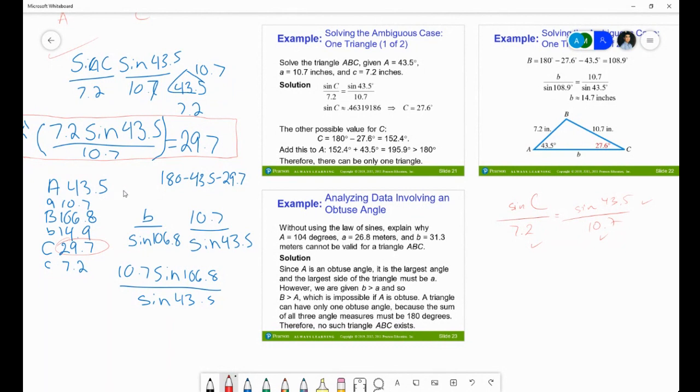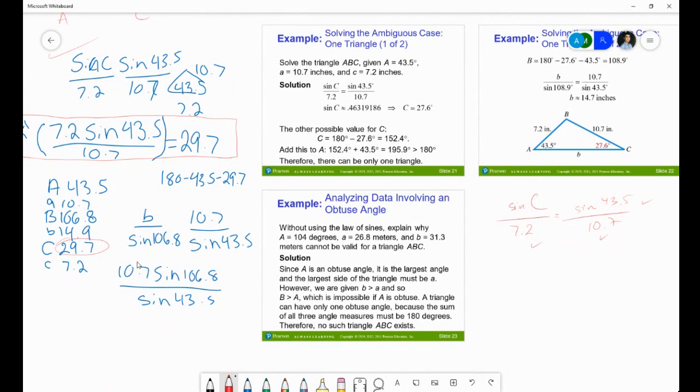Anytime you do a problem like this, make sure you write down all your steps, so that if you get something wrong and then go to the next part, it's still going to be wrong because you're using values that you just found. So if you miss one decimal somewhere, or you round somewhere wrong, it's going to mess up the entire problem. So you have to be very, very careful.